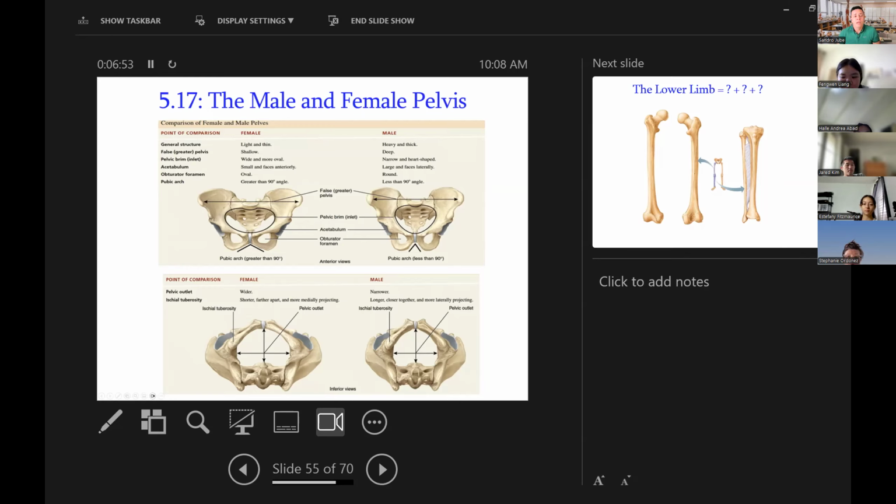No, tell me general structure: female, light and thin; male, heavy and thick. False pelvis: female, shallow; male, deep. Pelvic brim: female, wide and more oval; male, narrow and heart-shaped. Okay? Give me what you're comparing among the 2 pelvis. Any questions, guys?